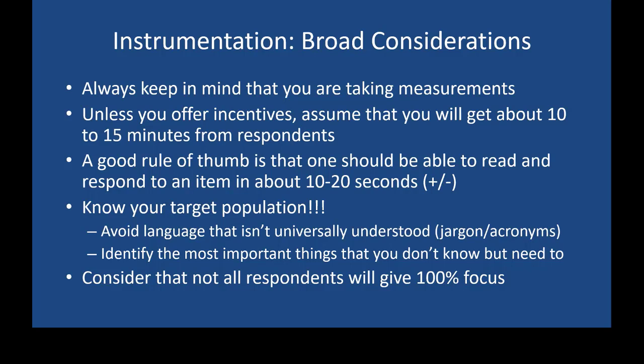Sometimes it's shorter, like with what we call matrix style items: rate your level of agreement or disagreement with the following 10 things. Each of those will probably take less than 10 seconds, because they're not rereading the instructions over and over again. So you might get each in 8 to 12 seconds. All of that is relevant to thinking about how much you can fit into your instrument and trust that it will get you good data.